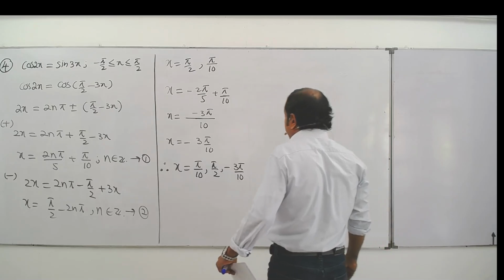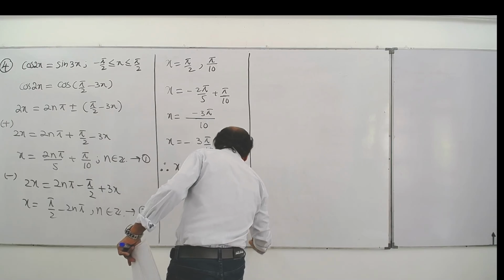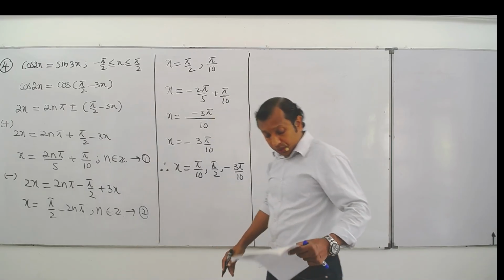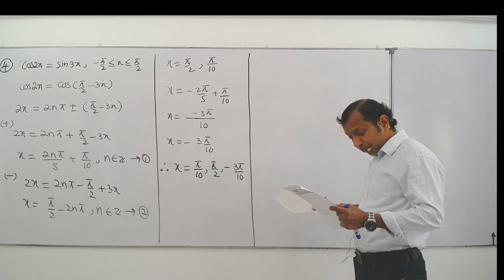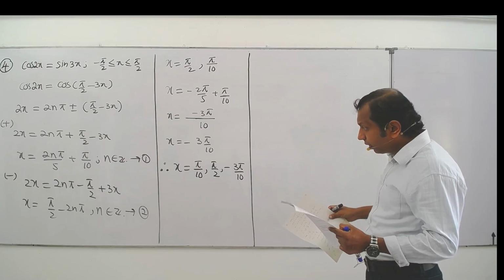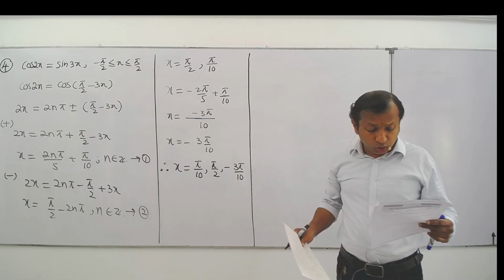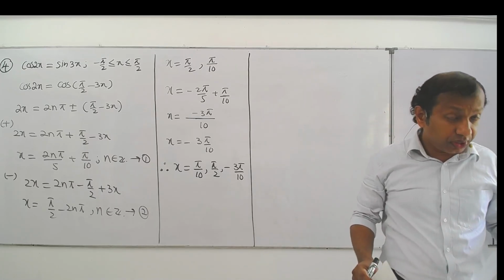So then we will come to the next part. Now the next part is: show that sin pi by 10 and minus sin 3 pi by 10 are roots of the equation 4t cube minus 2t squared minus 3t plus 1 equals 0.